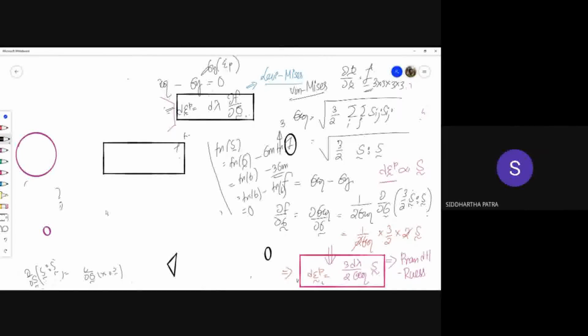You can go through the book by Lubliner. Okay, I hope you understood the derivation, but it is still going to be confusing. So I need you to go through this part very well.